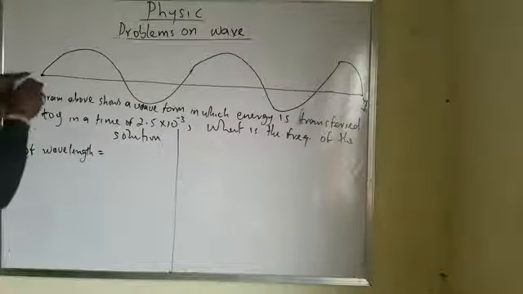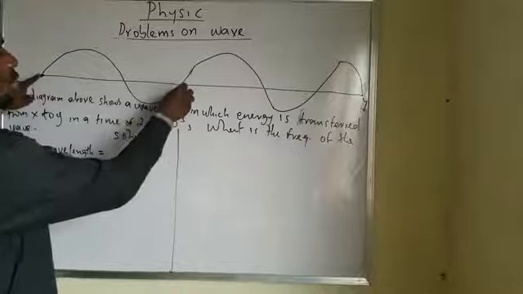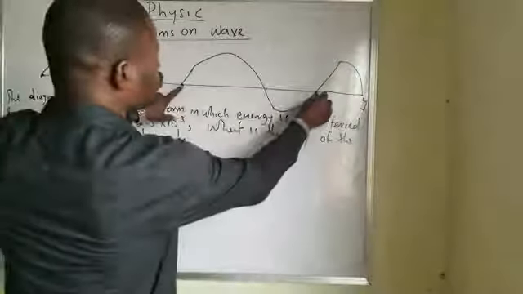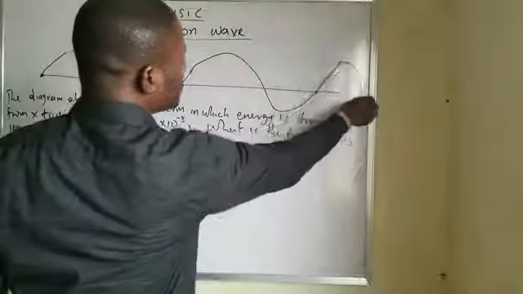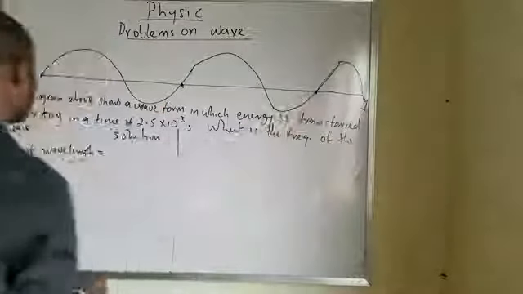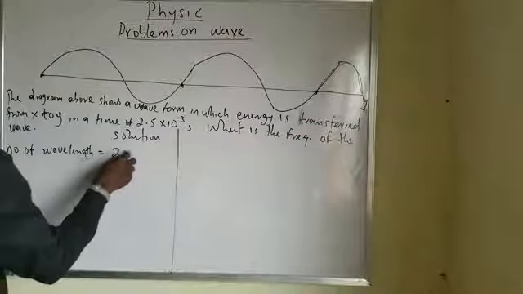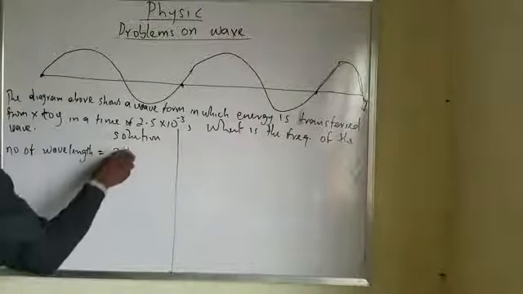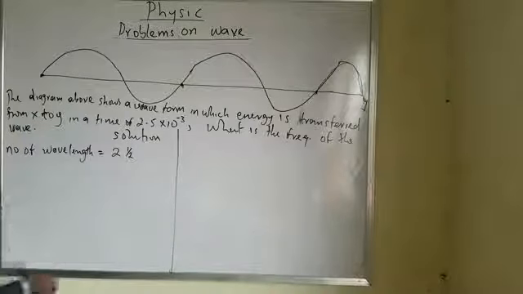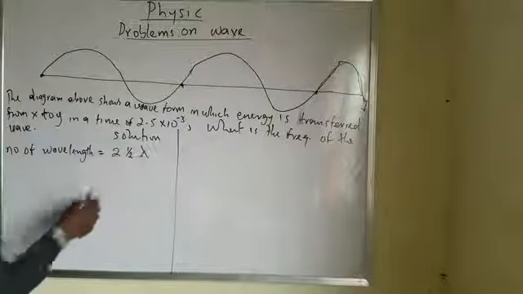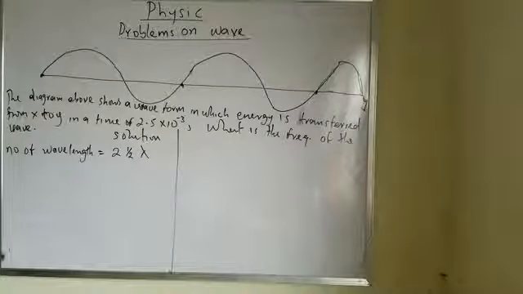How do I do it from here? This is 1, this is 2, and this is, sorry, the diagram is not very proper, but this is 2.5. With what I'm seeing here, 2 whole number and 1 over 2, or 2.5, anyhow you call it, we can put a lambda in it, which shows that it's a wavelength.